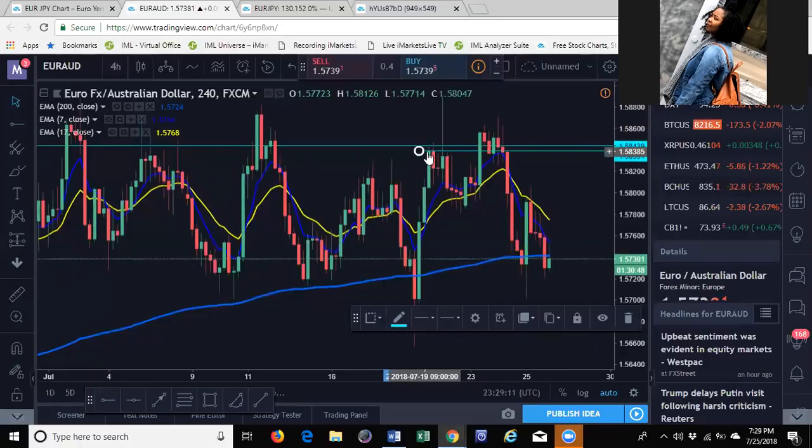So you put in your sell limit at this price. That's what you were looking for there, the price. So the price would be 1.58397, right?